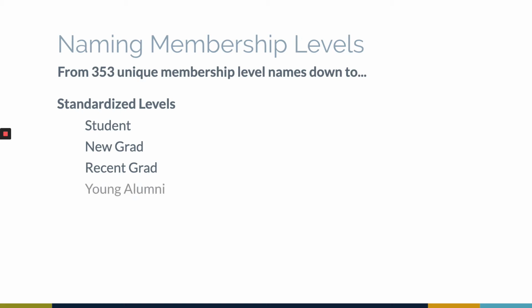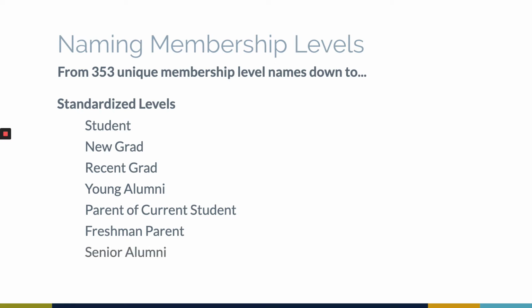And then young alumni, which is typically either they've graduated within the past 10 years, or what we do recommend is that clubs use the NDAA definition of young alumni, which is age 32 and younger. And then we have parents of current students, and those are parents of currently enrolled Notre Dame students. Freshman parent, again, similar to the one above, but limited to those first year parents. And then, of course, our senior alumni.